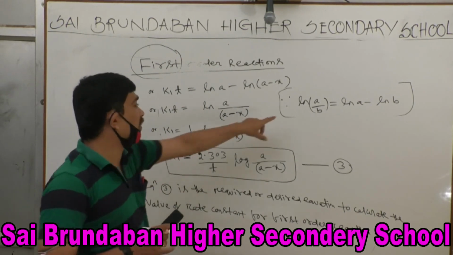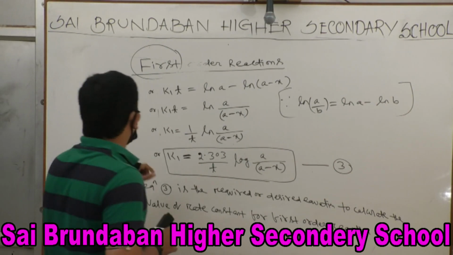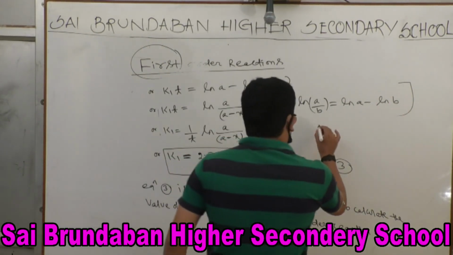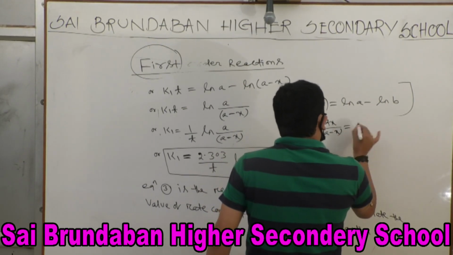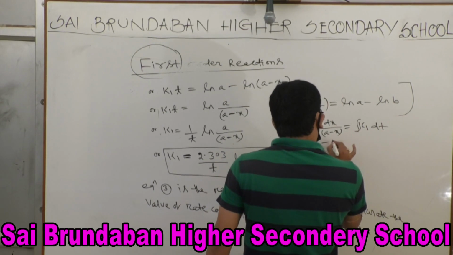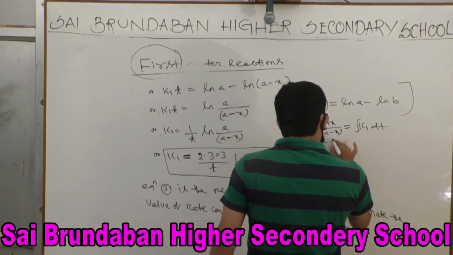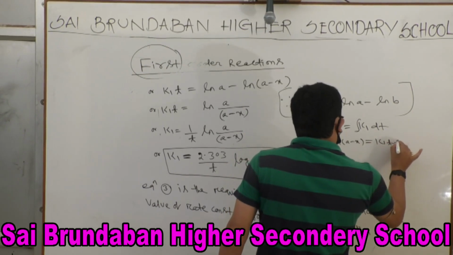Here two formulas: ln a by b equals ln a minus ln b. Another thing is integration: we have applied dx by a minus x equal to k1 dt, so we have taken minus ln a minus x equals k1t plus c.